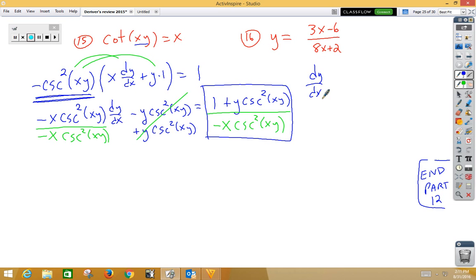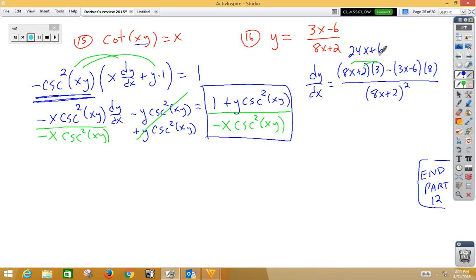We always square the bottom first. Let's not forget to square the bottom. And then we have the bottom times the derivative of the top minus the top times the derivative of the bottom. We distribute the 3, 24x plus 6.